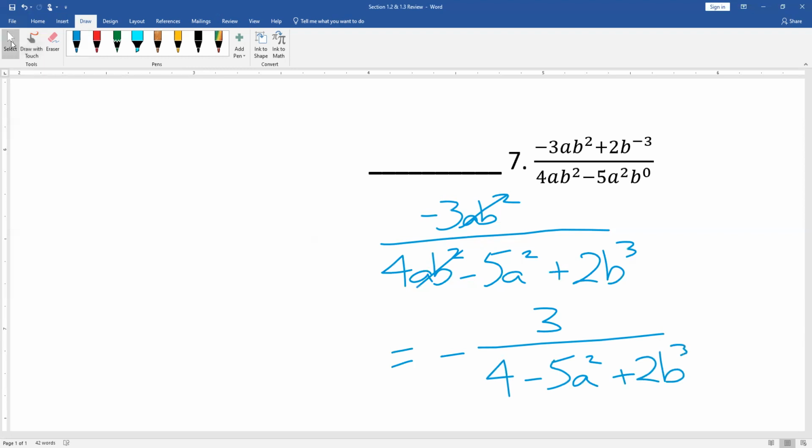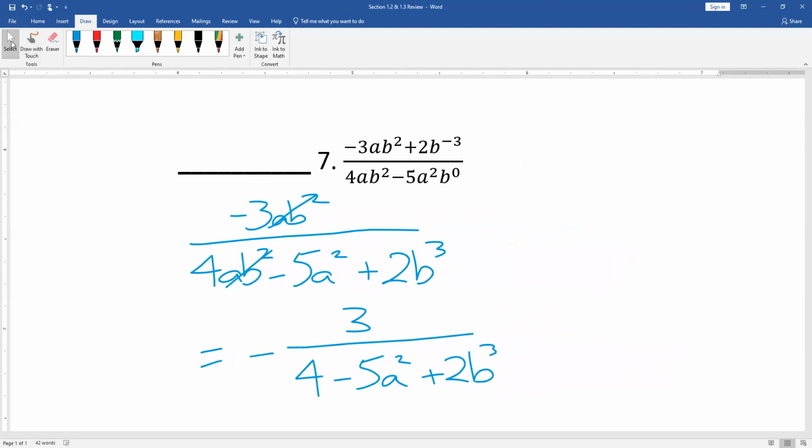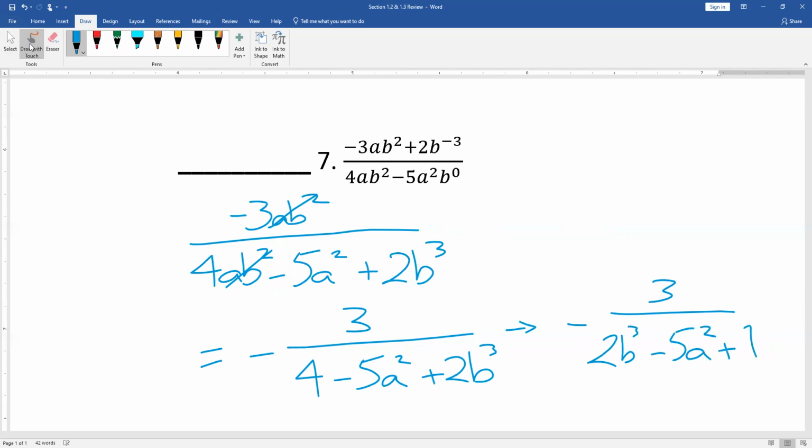If we put those in order based on our exponents, with the highest exponents first, then this is negative 3 over 2b cubed minus 5a squared plus 4. And that's our answer.